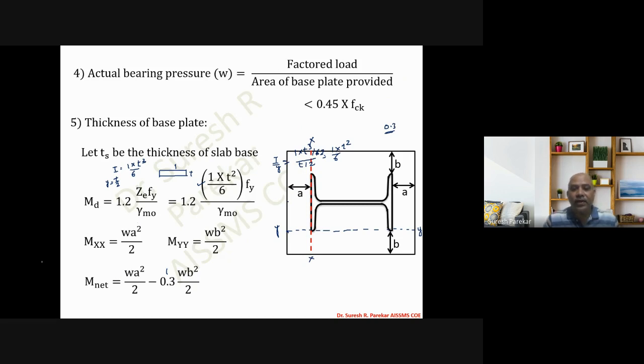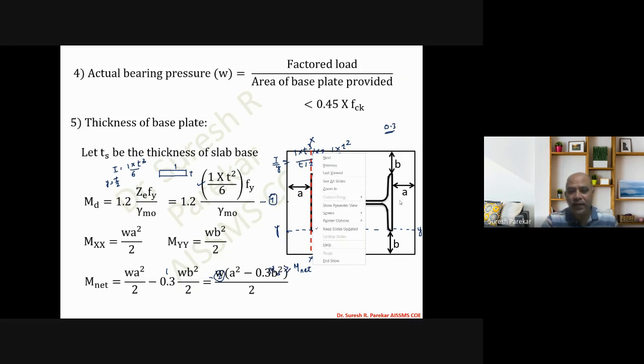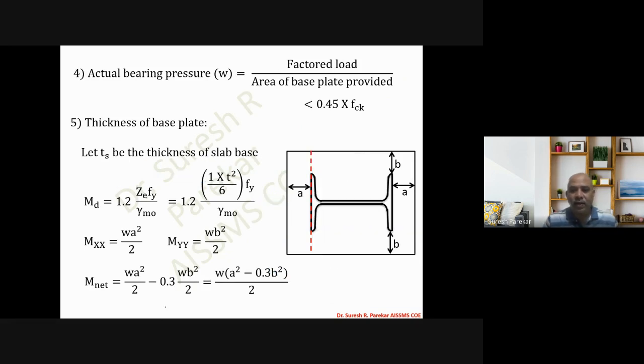So we have the value of moment of resistance, and this is the bending moment, and we should have Mr or Md greater than or equal to M net. Then equating these two values, we get this value equal to w a square minus 0.3 b square upon 2, with w taken outside.